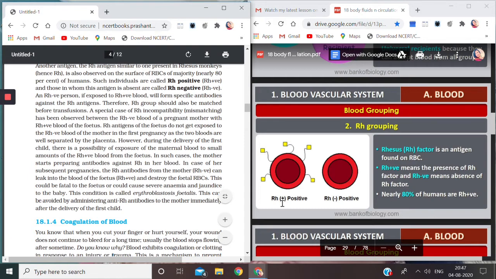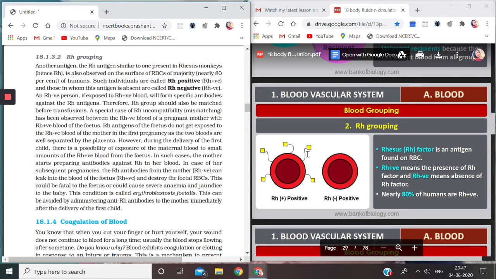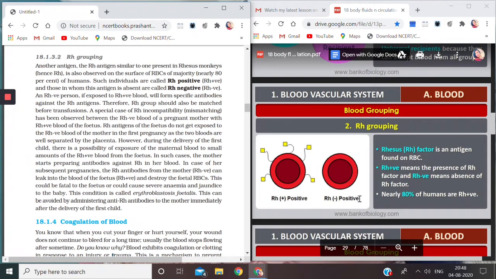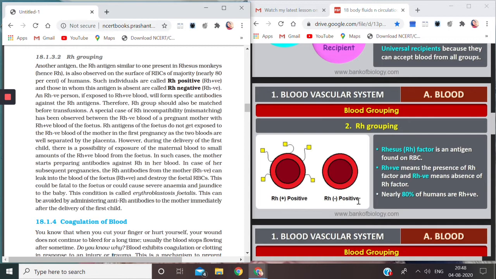You can see here Rh positive: these are the factors attached on the surface of the RBCs. That is why this is Rh positive, and here this RBC does not have any factor attached, so this is considered Rh negative. There they have written positive, it should be negative.